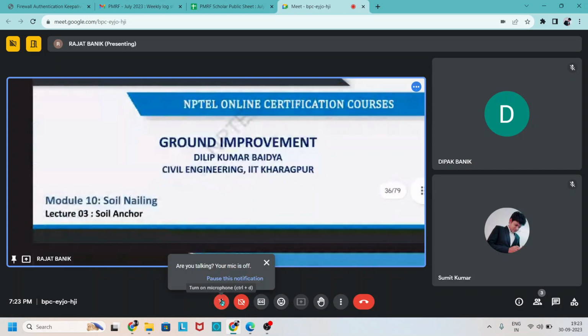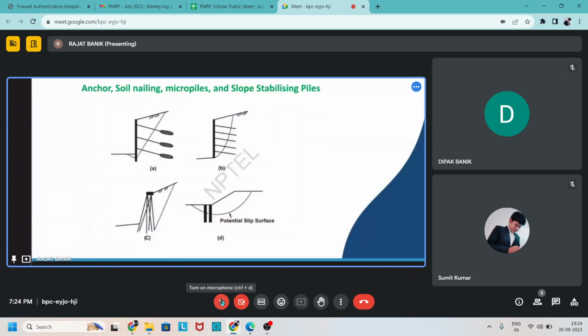Another important technique related to the planning is shown in a schematic of the different ground improvement techniques which are similar to soil nailing. The first is when one nail, we can say one rod or tendon, is inserted and at the end of the tendon grouting is applied.